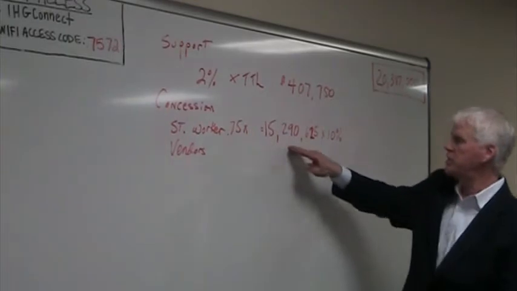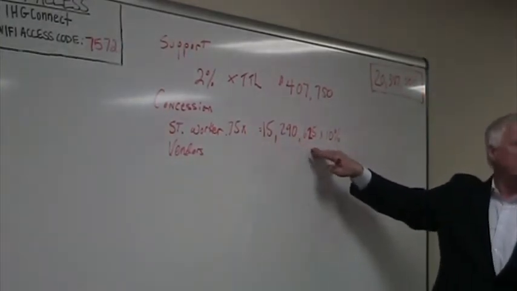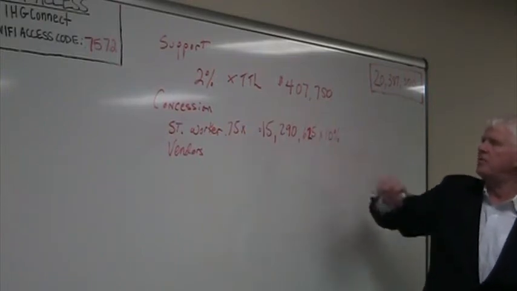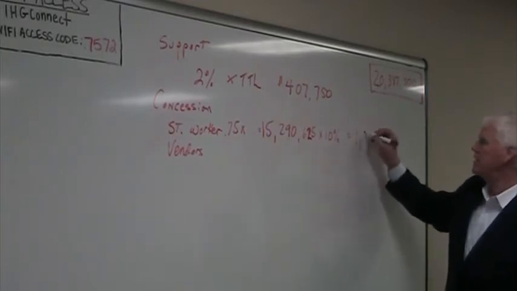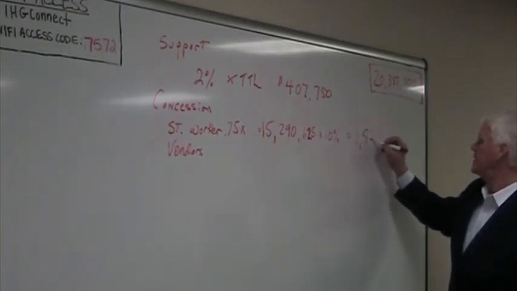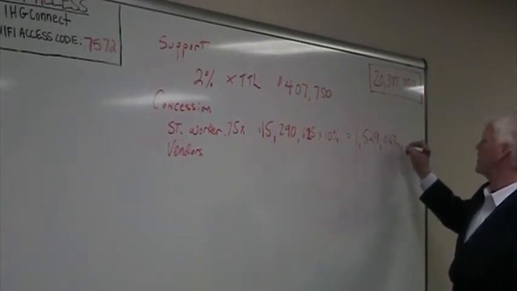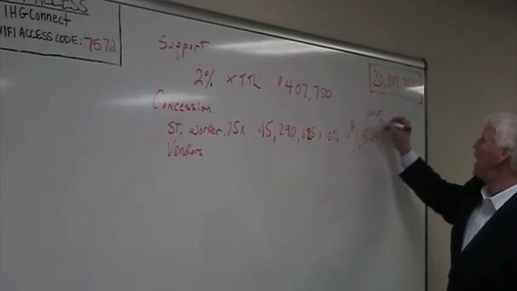They're going to make this much money for us doing what they do in the concession stands. And we're going to budget 10% for labor cost. So we're going to take 10% times 15,290,615, and that's going to equal 1,529,062. This is the cost of labor for concession employees or hourly workers.